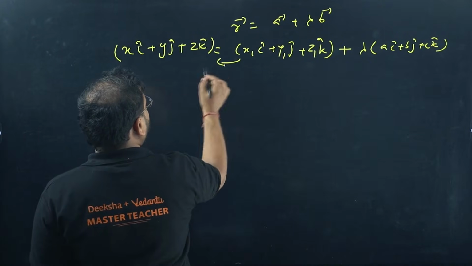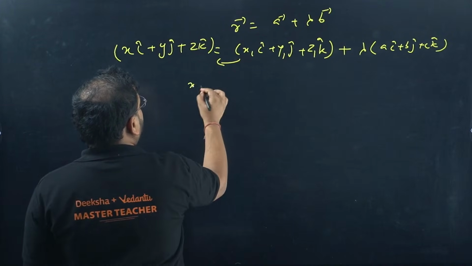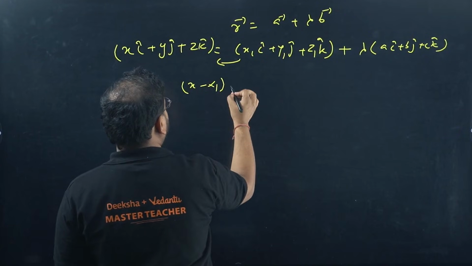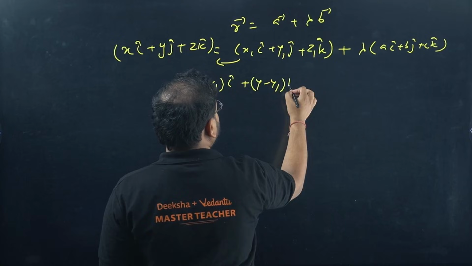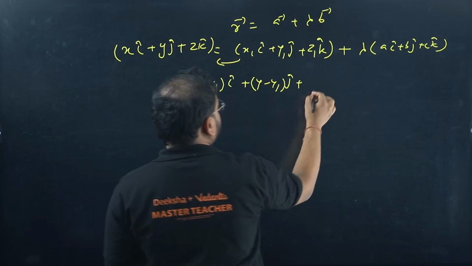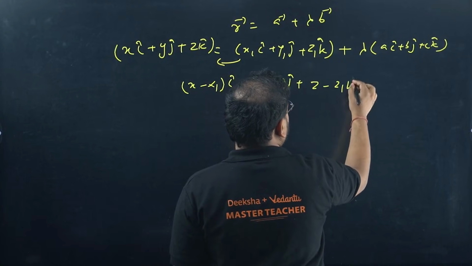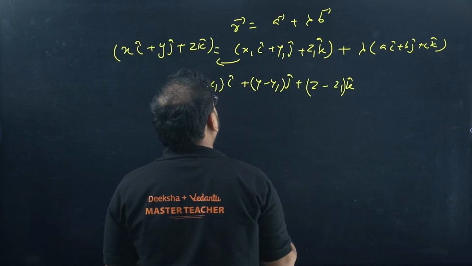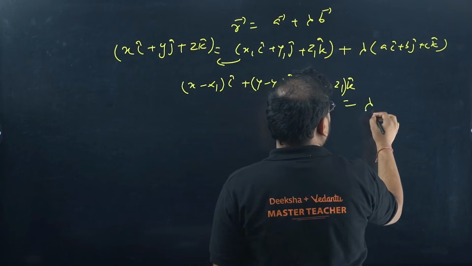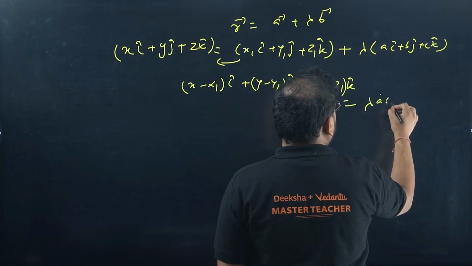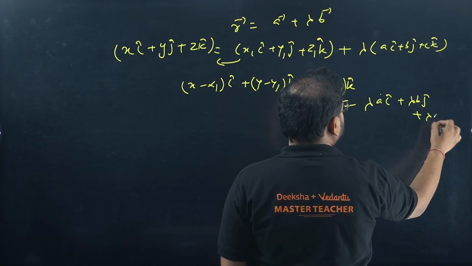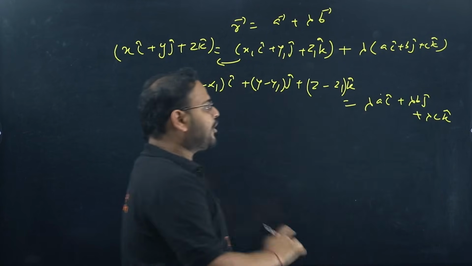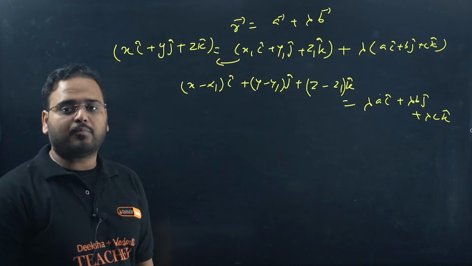Now can I move this vector over here? So I'll get x minus x1 i cap plus y minus y1 j cap plus z minus z1 k cap, equal to lambda a i cap, lambda b j cap and lambda c k cap. Now can you compare the x, y, z components on both sides? Yes.